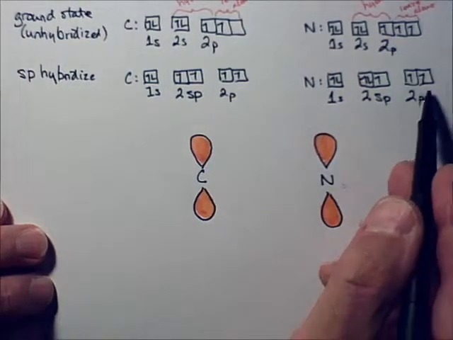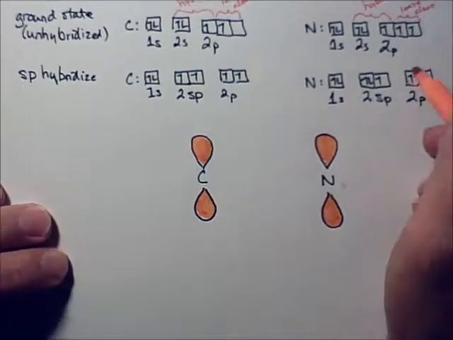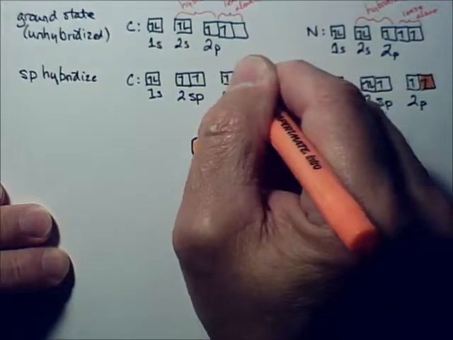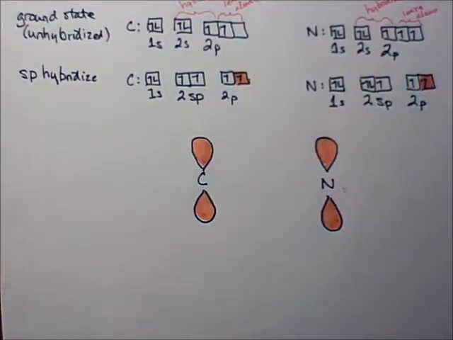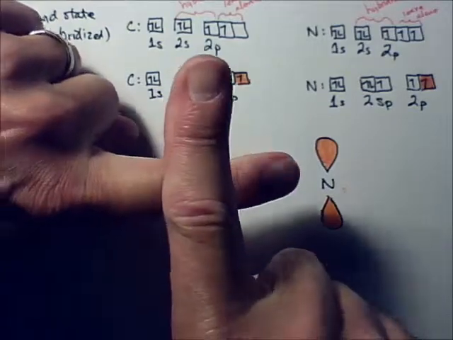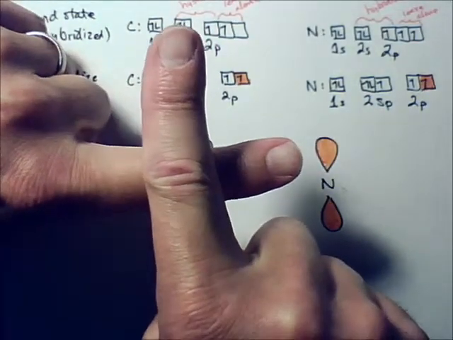Now, I have two p orbitals that are unhybridized though. So we're going to color this first p orbital here orange to match up to the one we've already done. The second one I've got to have at 90 degrees to this, but I need to turn it. In other words, the p orbitals will be arranged like a cross, one p going this way and one going this way, 90 degrees from each other.